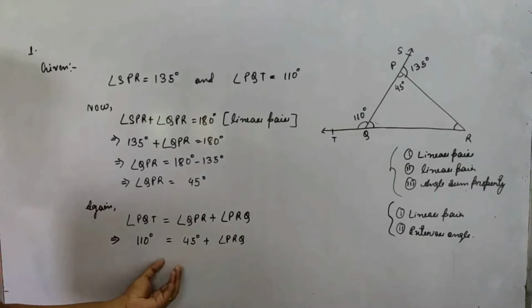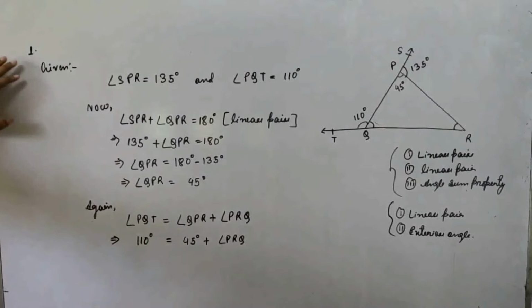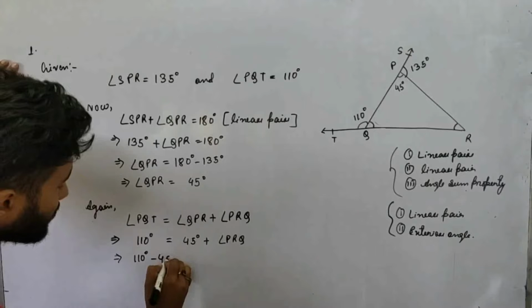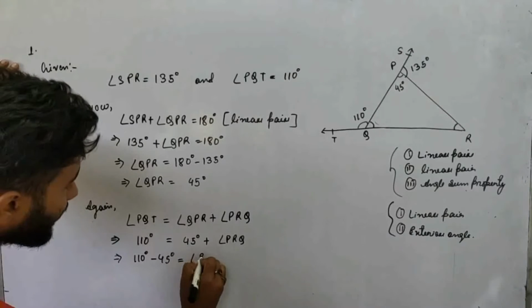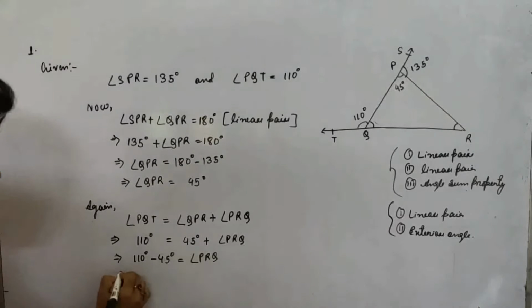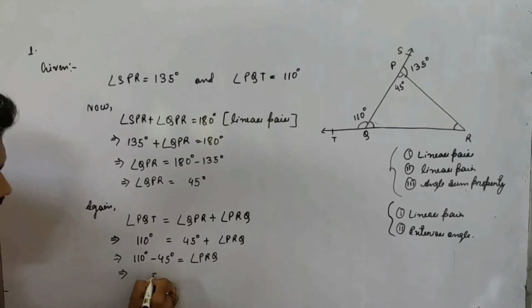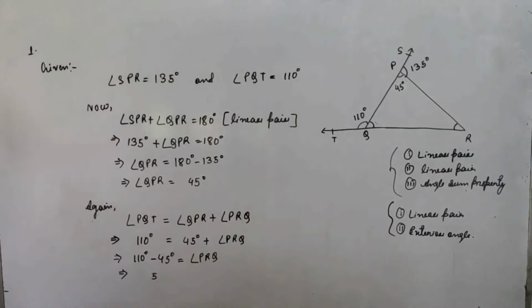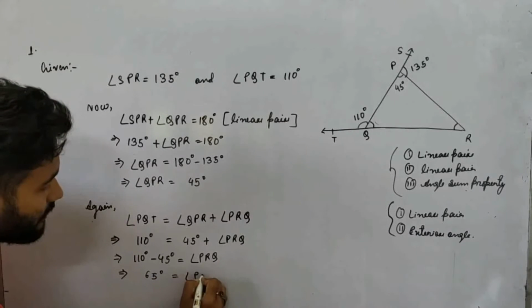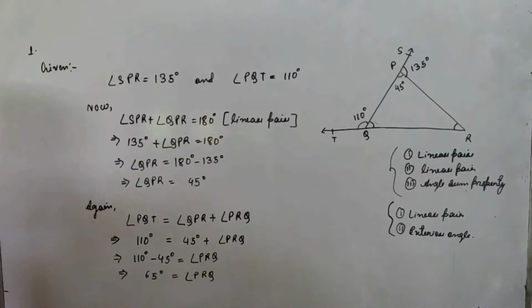This 45 will come to this side. What will happen? Minus 45, right? So which implies 110 degrees minus 45 degrees will be equal to angle PRQ. So if you solve, this is 65 degrees, equal to angle PRQ. So what is the value of angle PRQ? 65 degrees. Okay.